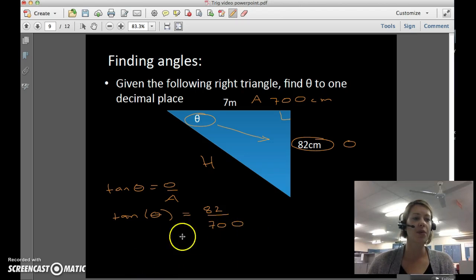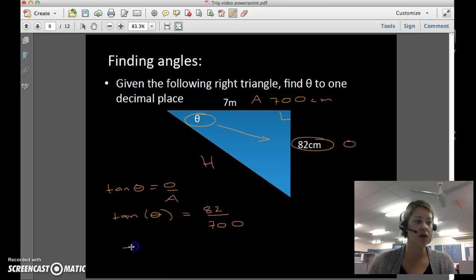Okay, so when we want to find what theta is, what we need to do is the inverse of tan theta. Similar to how the inverse of multiplication is division, and the inverse of addition is subtraction, the inverse of tan is the inverse function.